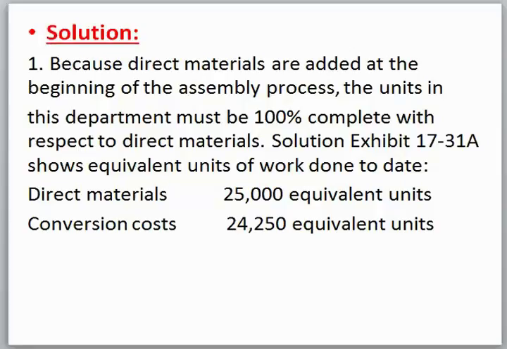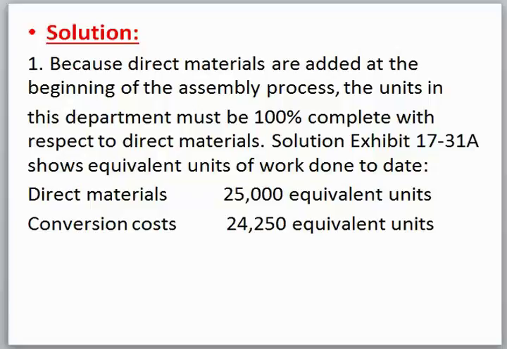Here is the solution. Because direct materials are added at the beginning of the assembly process, the units in this department must be 100% complete with respect to direct material. The solution in Exhibit 17-31A shows the equivalent units of work done to date.